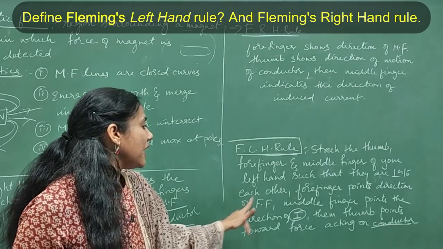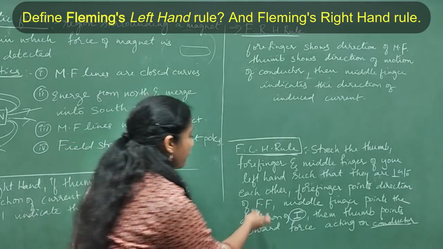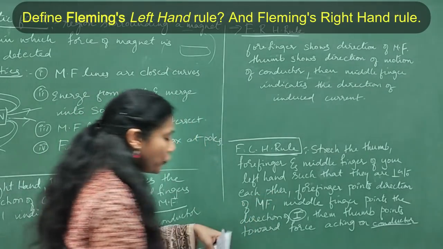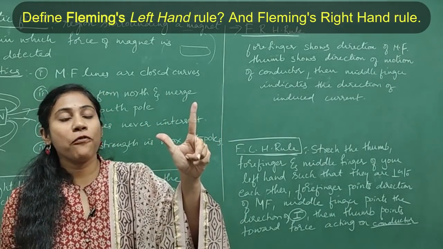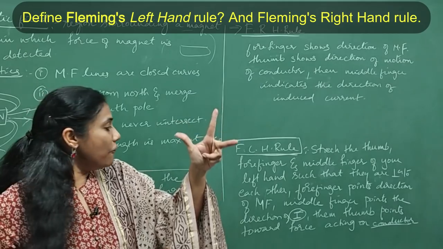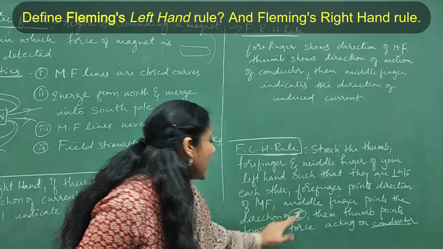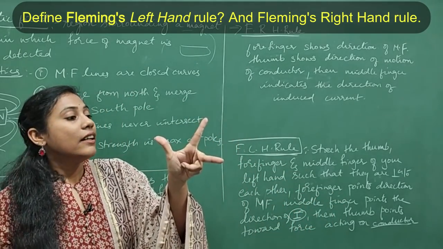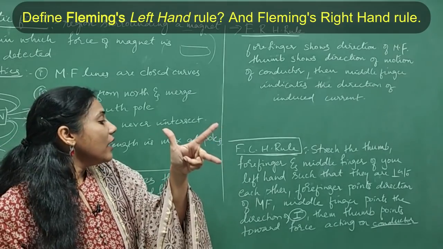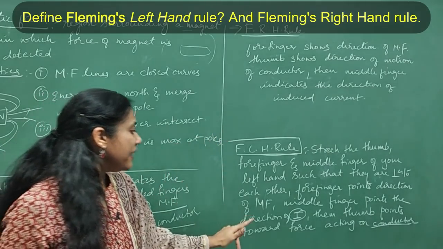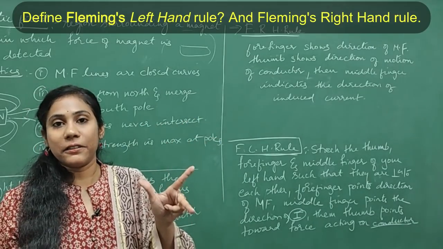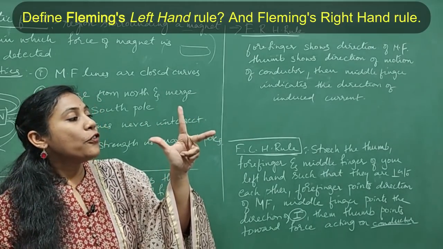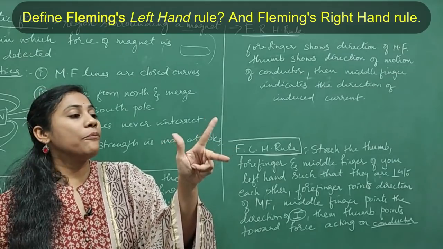Forefinger points the direction of magnetic field. So forefinger, that is this finger, indicates the direction of magnetic field, and the middle finger points the direction of current, and the thumb indicates the direction of force experienced on the conductor, isn't it?